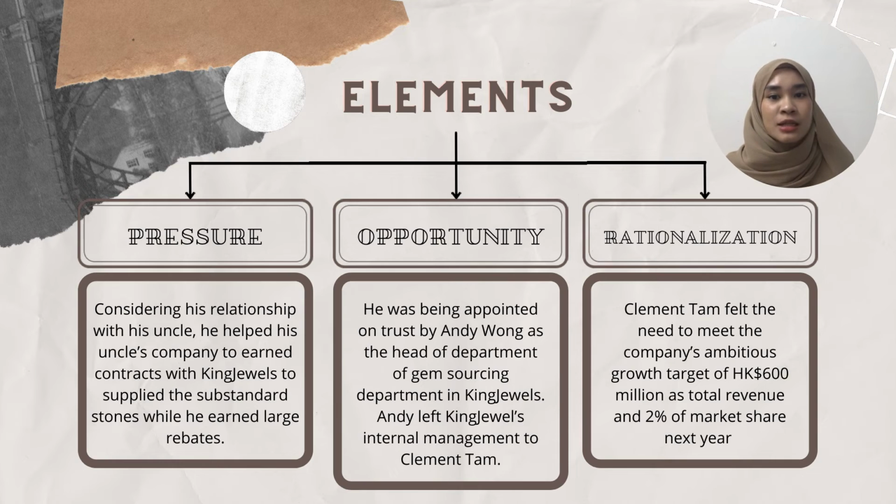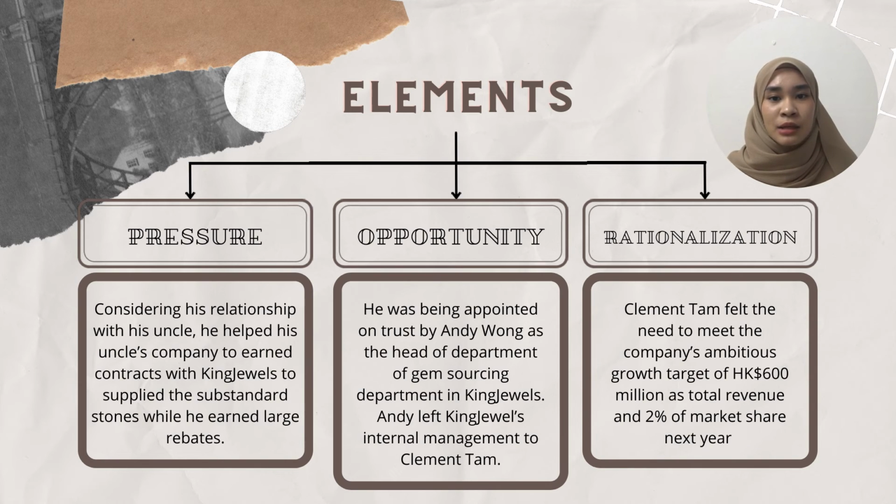Considering his relationship with his uncle, Clementine helped his uncle's company to earn contracts with KingJewels to supply those substandard stones while he earned large rebates. Tam was very close with Peter as they frequently dined at fancy restaurants and clubs together. Both of them were also involved in excessive gambling.